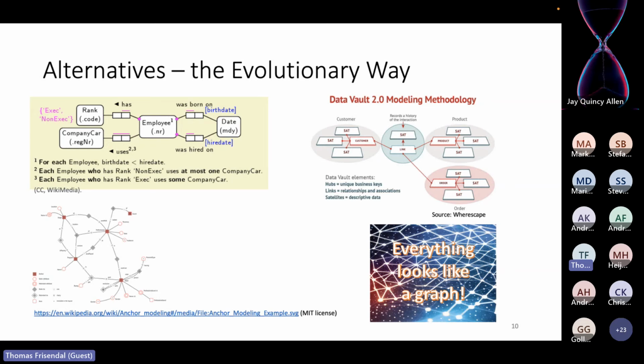It looks like a graph to me. It is a graph, right? And the other data modeling practices evolved, which also look like graphs, not least Data Vault or anchor modeling. So if you ask me, everything looks like a graph today, but the underlying technology is not necessarily graph, and that seems to be the problem.